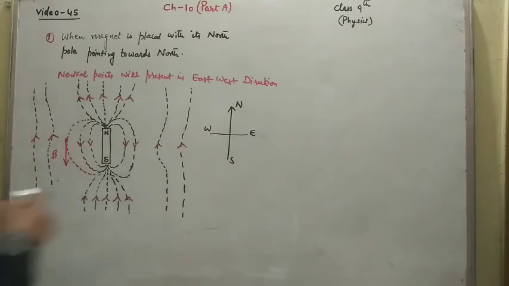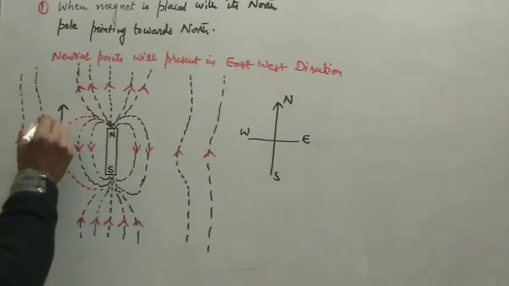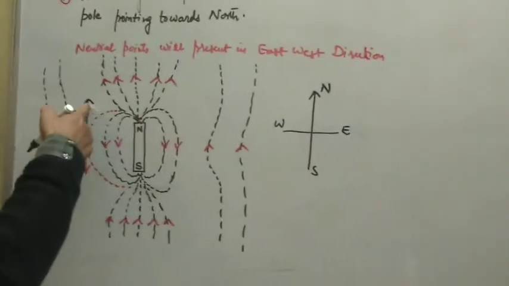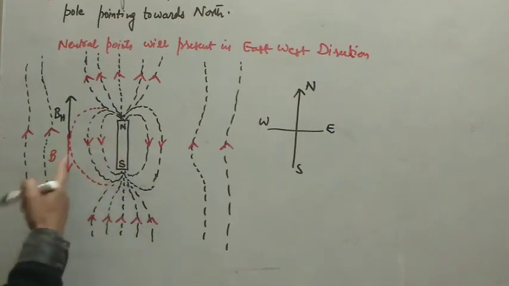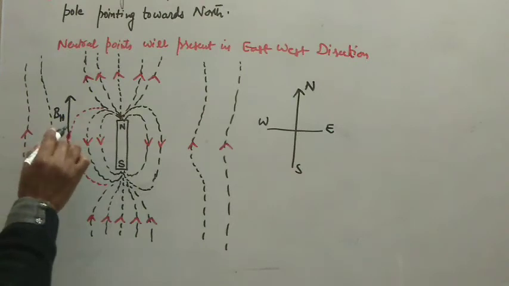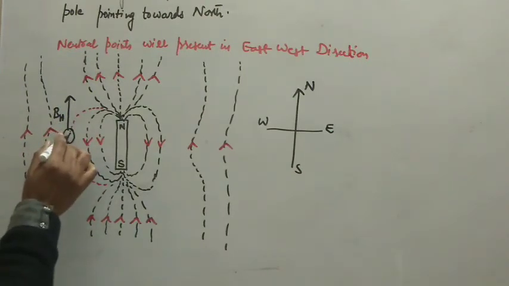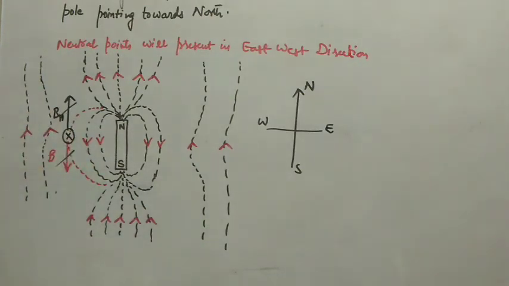This is B due to the bar magnet, and the black marker I am going to use to show the magnetic field due to Earth. Let it be BH. The direction of the magnetic field due to the Earth and due to this bar magnet are in opposite directions. So these are the positions of the neutral points where these two magnetic fields get cancelled.